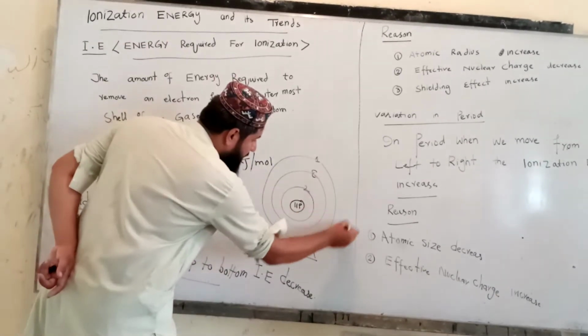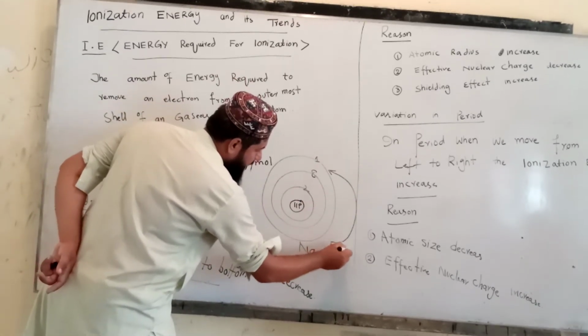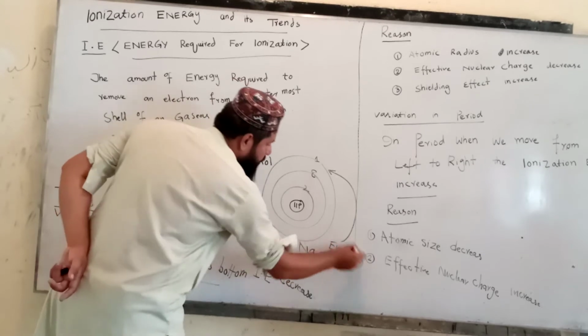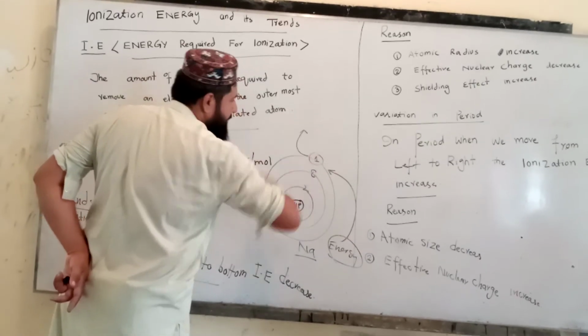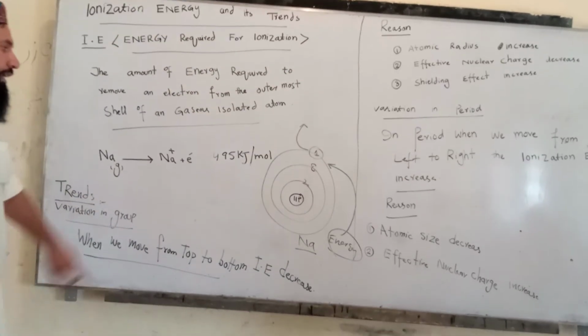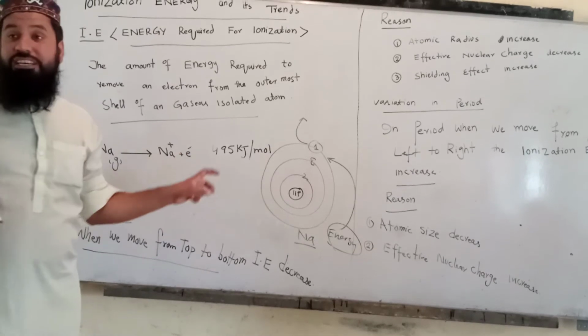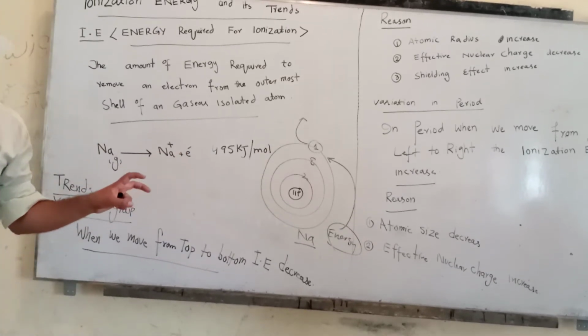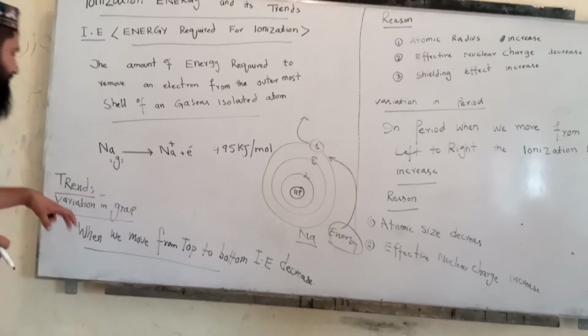We give it energy, and through this energy we can remove this electron, and that energy is actually known as the ionization energy. Energy required for the ionization of sodium, that is what the ionization energy is.